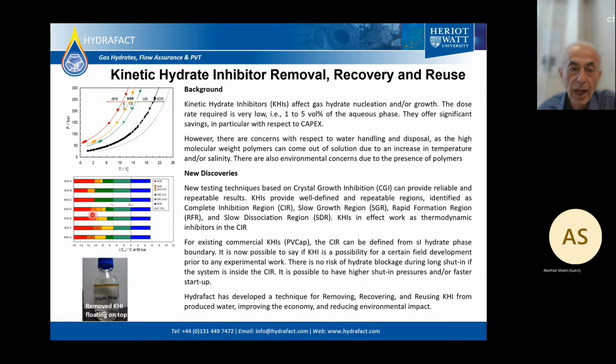But we now know for what system which inhibitor we can promote. So each inhibitor has a fingerprint. Together with the type of gas, we can say this inhibitor is better for this one.